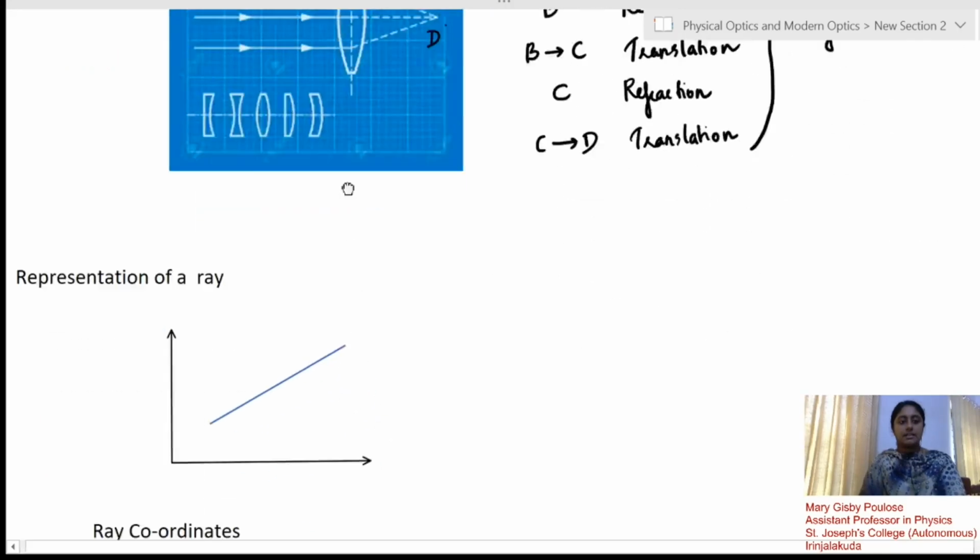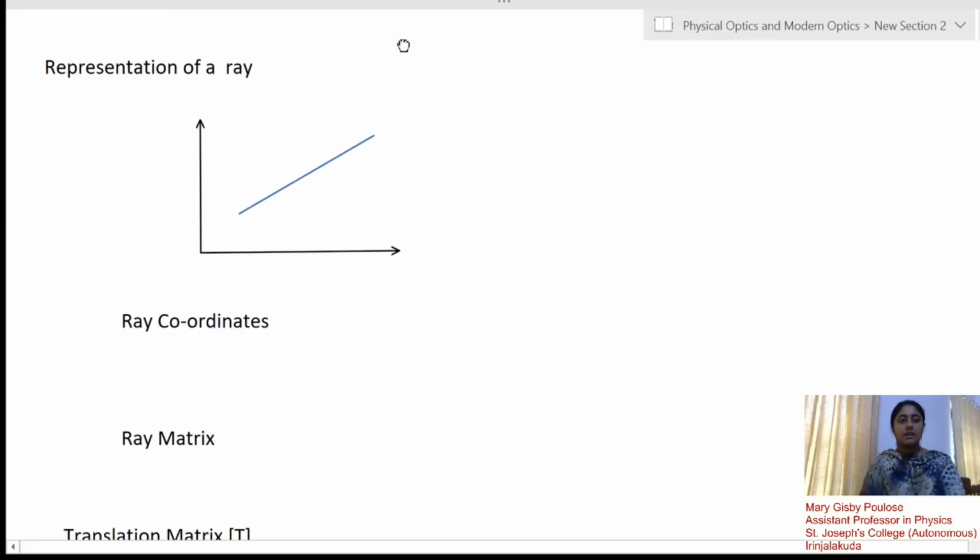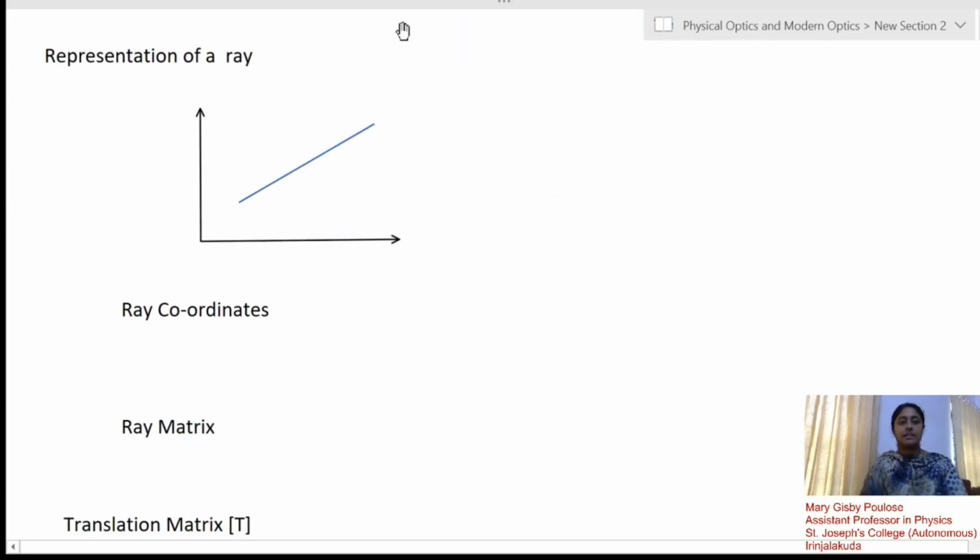Now let us first learn how to represent a ray in matrix methods. A ray is specified by its distance from the axis and its angle made with the axis.